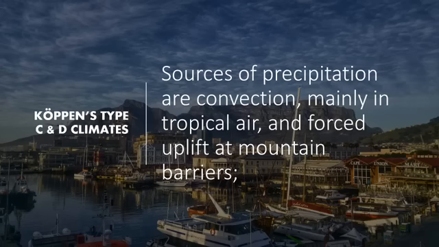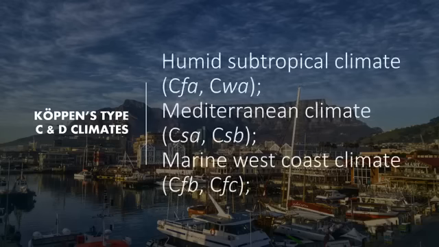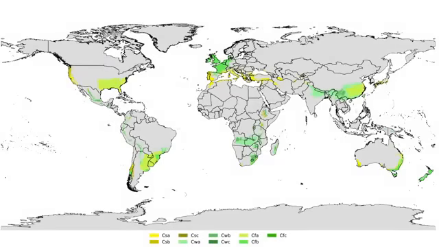So the rain mostly comes from convections over land, from air coming from the tropics. Okay, so the three types of classifications are the humid subtropical, the Mediterranean climate, and then the marine west coast climate. Okay, so this diagram here shows you the different type C climates that we have.